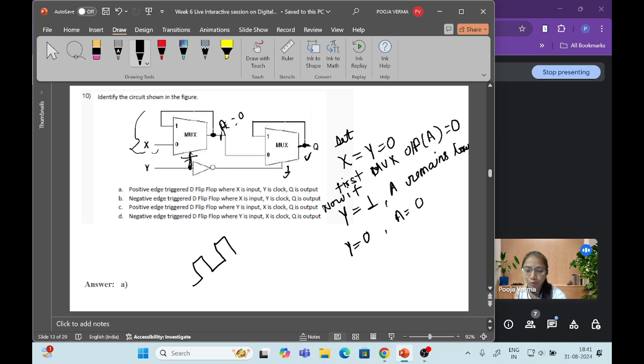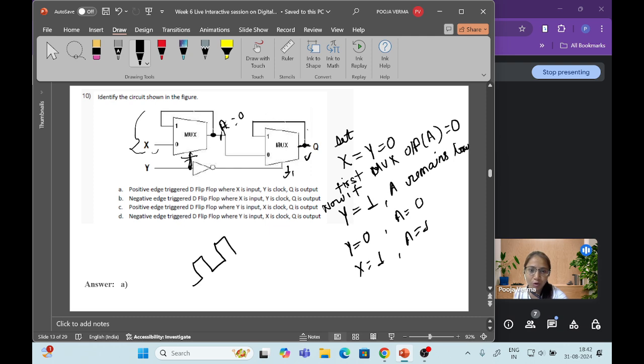Now if we take X equal to 1, then what will be the output of the first mux? A equals 1. Yeah, A is equal to 1, but for the second mux the input is 0, right?